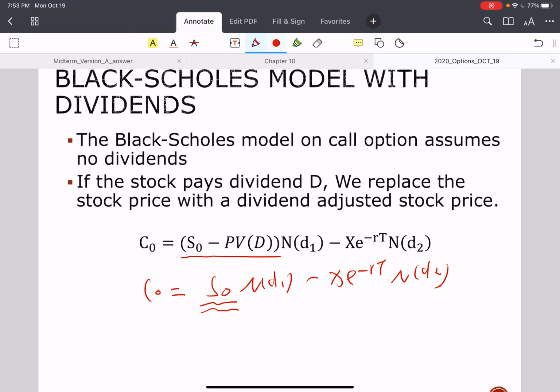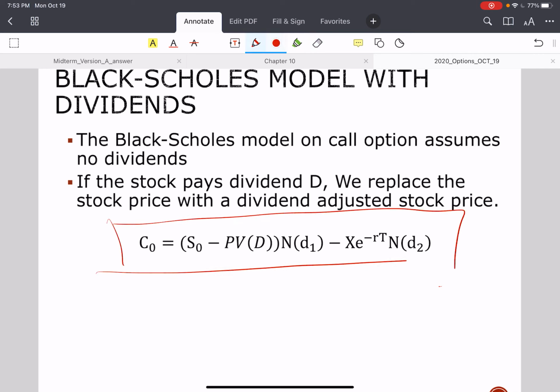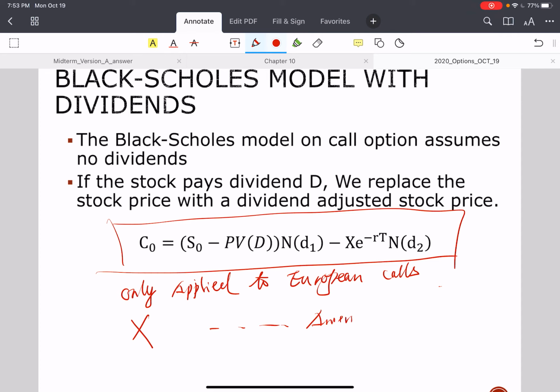However, a caution here. This formula, the call option pricing formula with dividend, can only be applied to European calls. You cannot apply it to American calls.